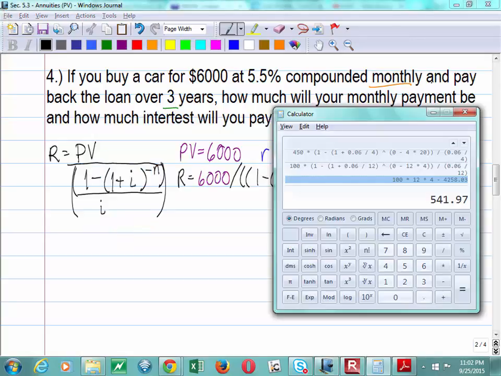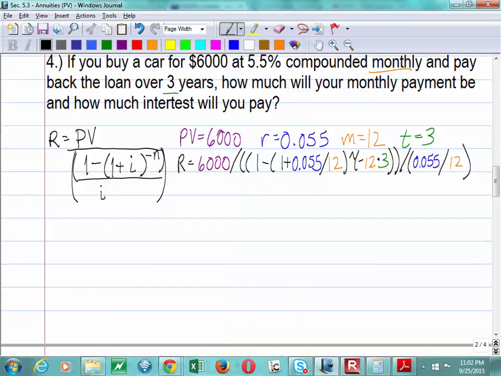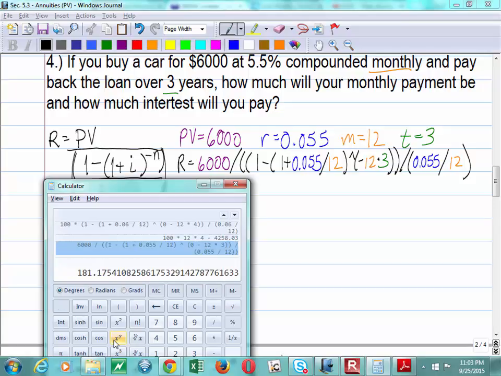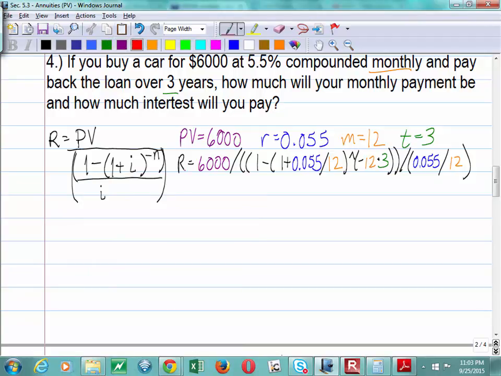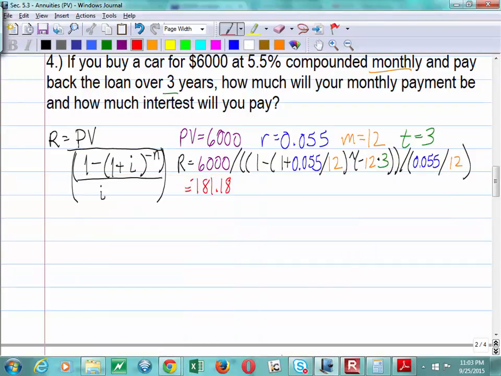Let's type that in. $181.18. Alright, so that's your monthly payment.